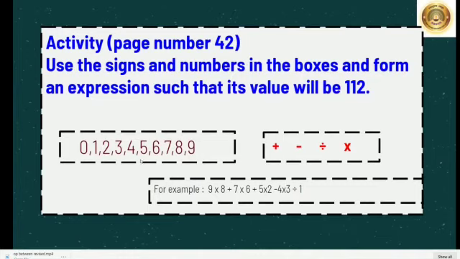Your task is to use these numbers and the mathematical operations in a mathematical expression to get its answer as 112. I've given you an expression here. I've used all the numbers and the mathematical operations. If you solve this, the answer is 112. You can try solving the expression, and you can find other mathematical expressions using these numbers and mathematical operations to get the answer as 112.